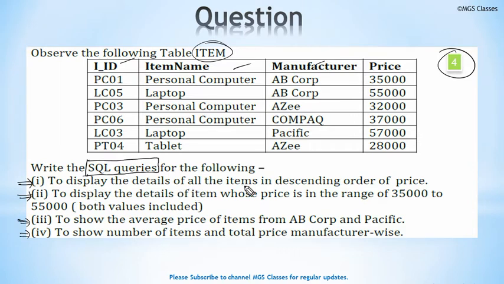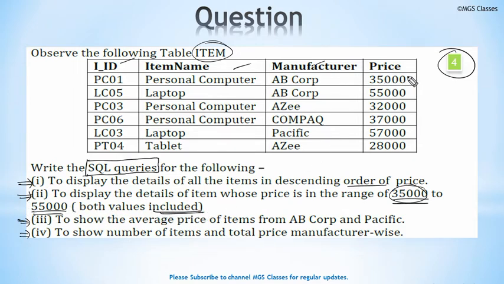So to display the details of all the items in the decreasing order of the price, to display the details of the item whose price is in the range of 35,000 to 55,000. Here you need to display the details of items whose price is in the range of 35,000 to 55,000, means both values included.